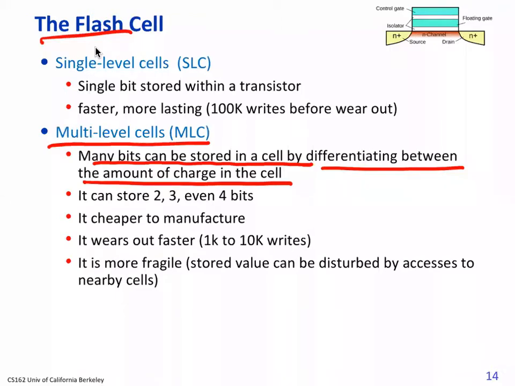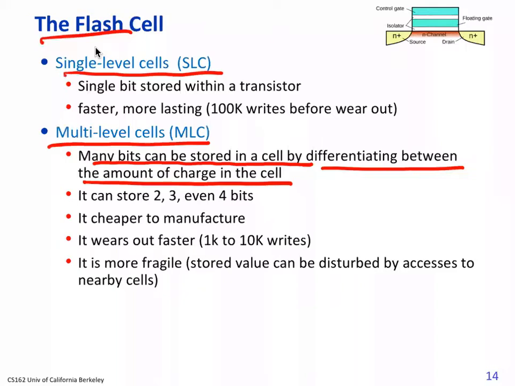Normally in a single level cell, or the ordinary cell that we have been using in other applications, there are two levels. Either charge is there or not there. So basically a single bit can be stored.